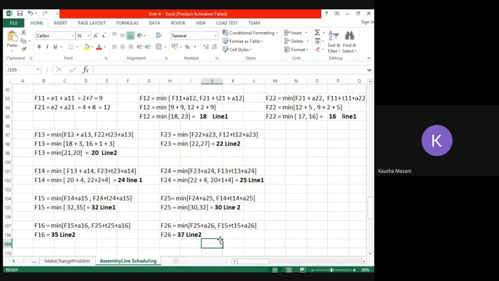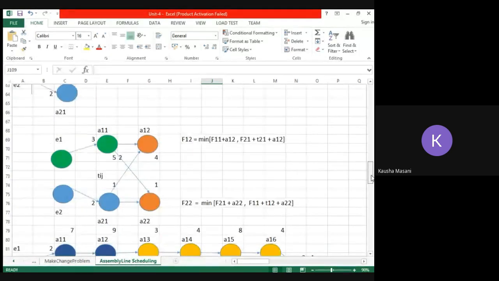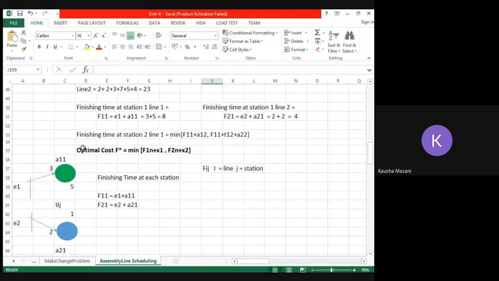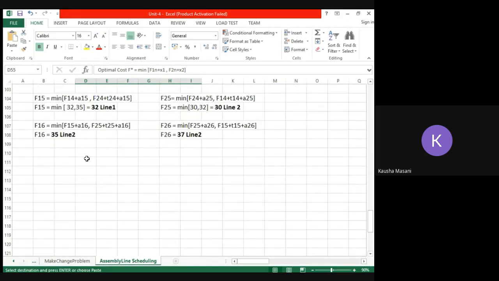There is one more formula to compute for exit. For exit, the generalized formula is given as F star, that means optimal cost. F star is the minimum of F1n plus X1, comma, F2n plus X2. Your n is your last station finishing cost. So the last station here was F16 and F26.